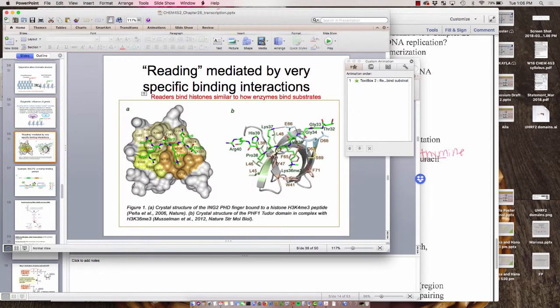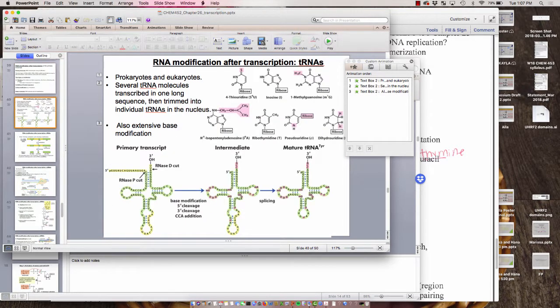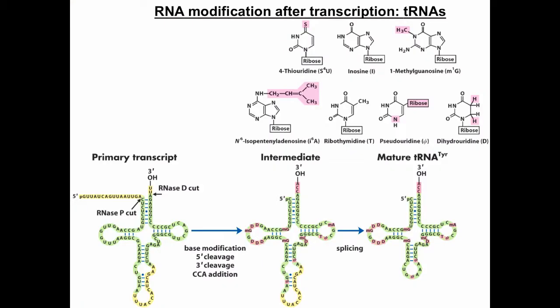I said I wasn't going to test you on post-transcriptional modification of tRNAs, but one of the modifications that occur is that once the tRNA has been transcribed, there are a lot of different modifications. One of these is cleavage of the 5' and 3' ends, and then the addition of the CCA at the 3' end. And so that's where that adenine comes from, through post-transcriptional modification.